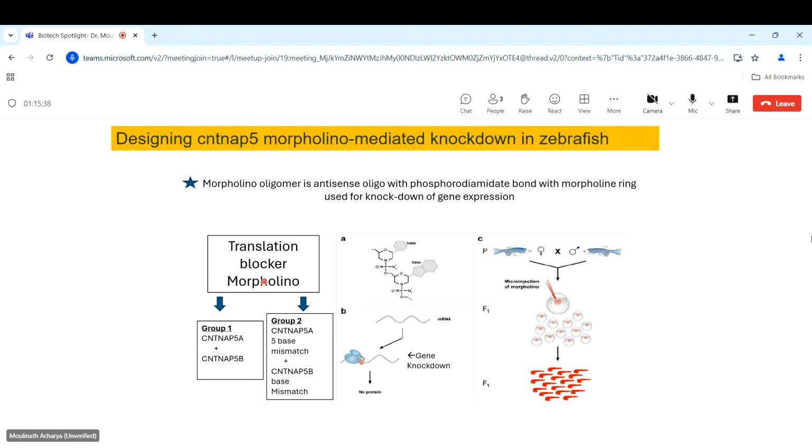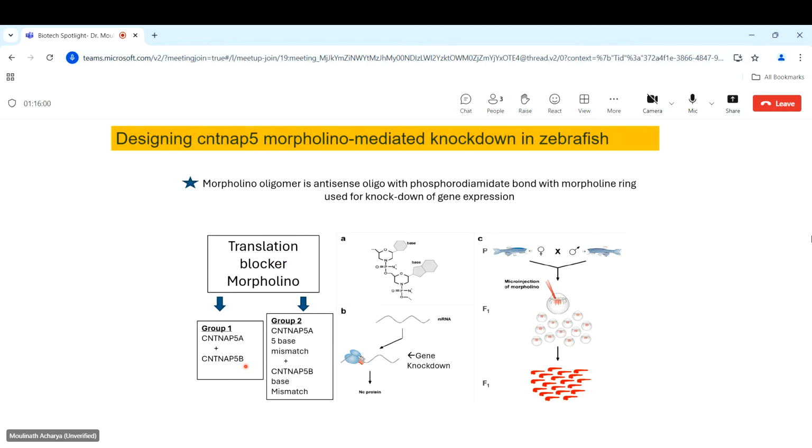So what it's having is basically instead of the phosphodiester, these antisense oligos will have a phosphorodiamidate bond, which actually forms a stable structure with RNA and blocks this initiation complex to proceed further, and thereby blocking the translation. Okay.